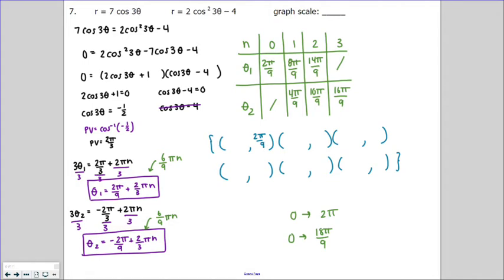And then it looks like it's 4 pi over 9. And then 8 pi over 9. 10 pi over 9. 14 pi over 9. And then 16 pi over 9.